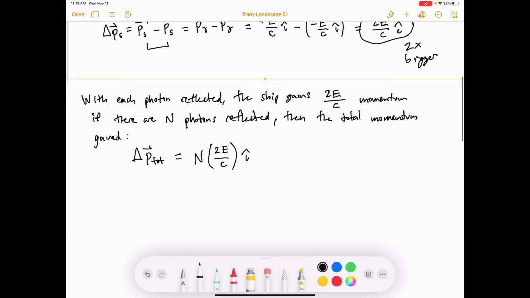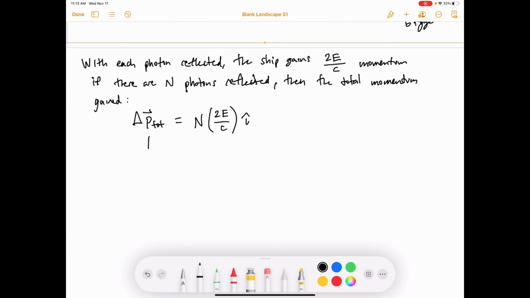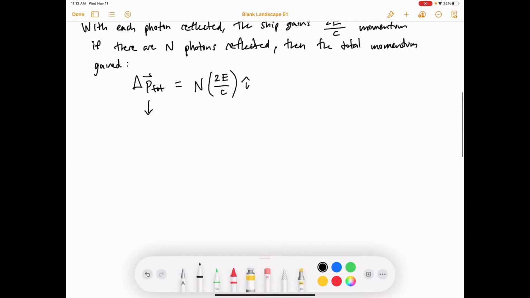Okay, well, what is the total momentum change of the ship? Well, it's going to be the final momentum of the ship minus the initial. So for the final momentum, I'm going to write that as the mass of the ship times its final velocity, and it's moving in the x direction, so we have i hat. Okay, for the initial, we have 0. So that's the change in momentum.